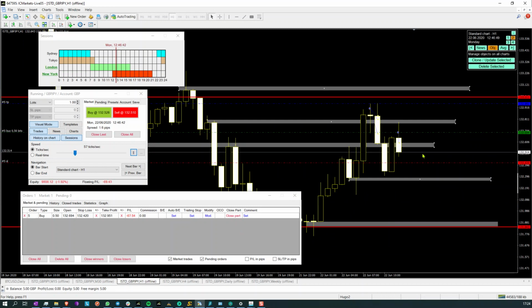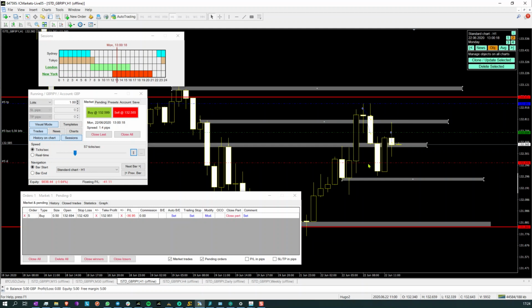Very ugly, very ugly. If we break the high again, I'm adding back my risk. Not this high, just flipping bullish.